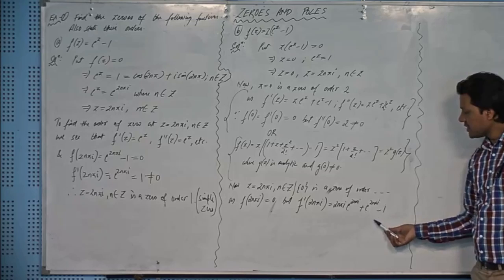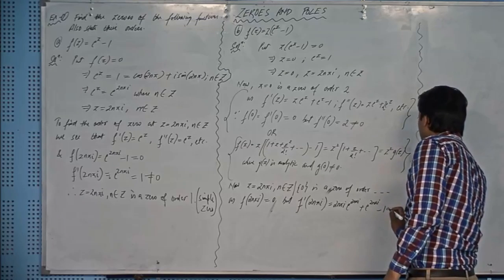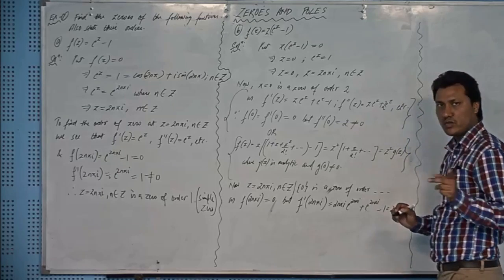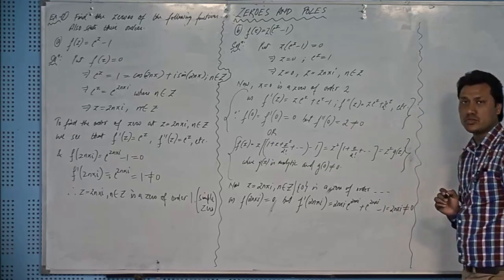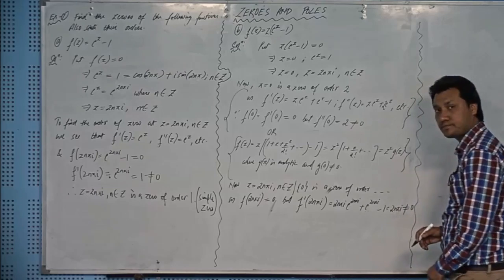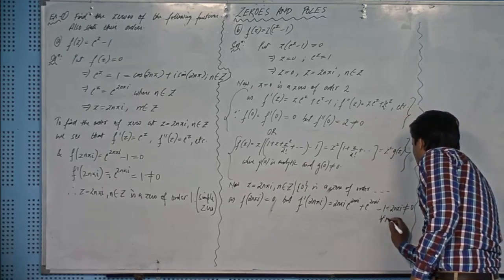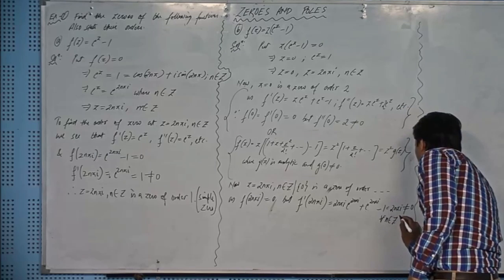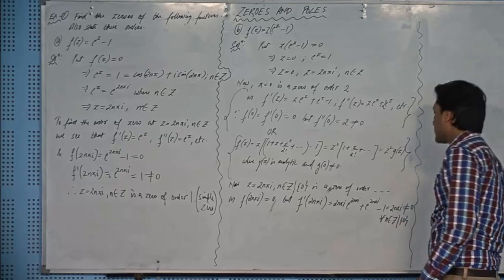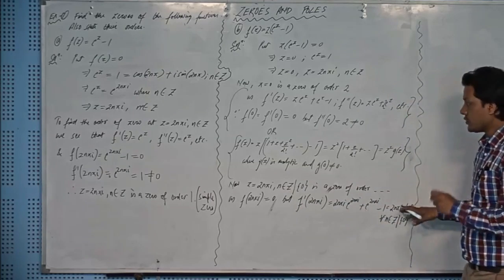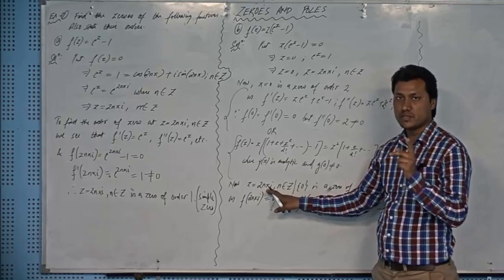These two terms will cancel out, and we will be left with 2n pi iota, which is not equal to 0 if and only if n is non-zero, and obviously n is non-zero, right? Not equal to 0 for all values of n belonging to Z with 0 deleted from it. So its first derivative is not equal to 0, so all of these zeros are simple zeros.